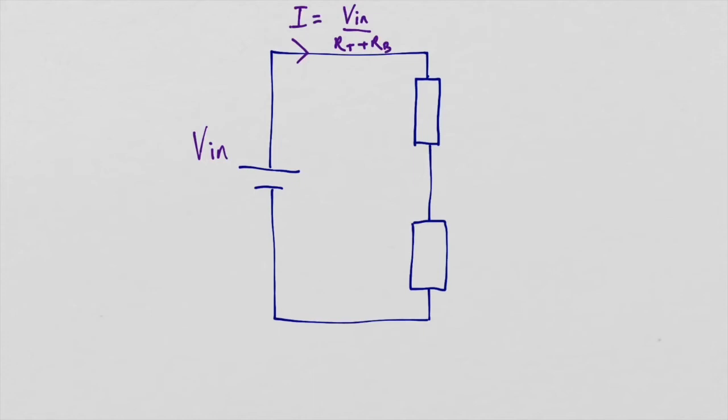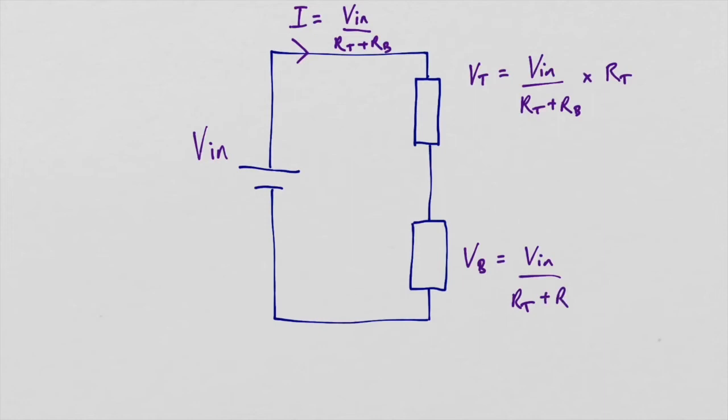Then we know the potential difference at the top is just the current times the resistance at the top. So it is voltage in divided by resistance at the top plus resistance at the bottom, multiplied by the resistance at the top, and the voltage at the bottom is equal to the same current multiplied by the resistance at the bottom.